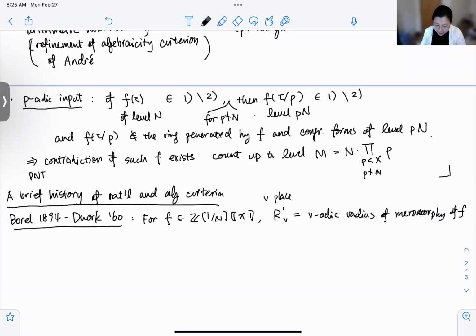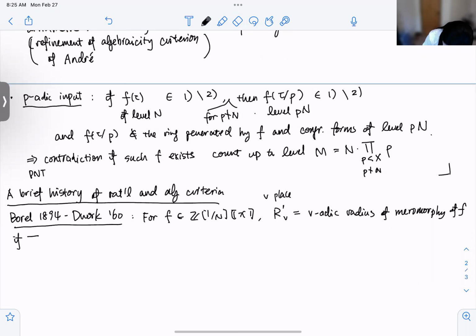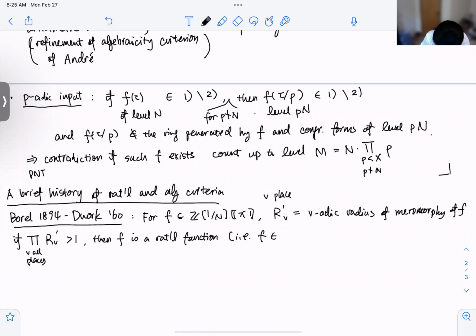The usual convergence radius is the radius of the largest disk such that the function F is holomorphic or analytic, and we can weaken this condition by assuming only that it is meromorphic on the disk. Then if the product of all these radii is strictly greater than 1, F is a rational function, i.e. F lies in Q(x).